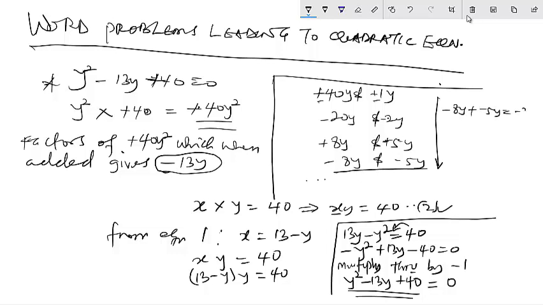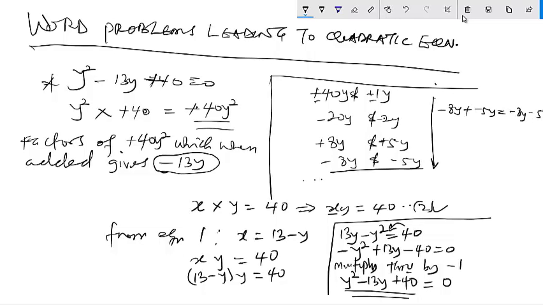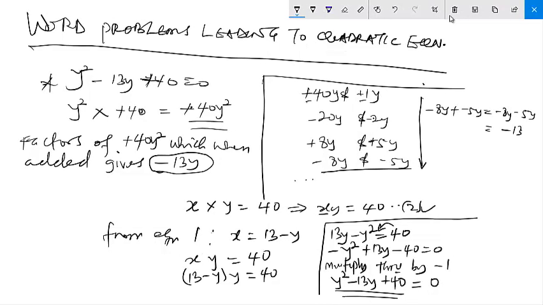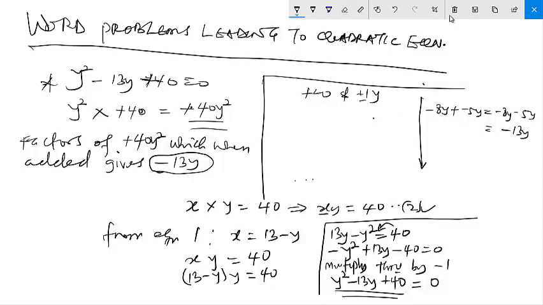This becomes minus 8y minus 5y, and that is the one that gives you minus 13y. So the next thing you do after you've gotten this is substitute those factors into the second term of your quadratic equation. So let me make more space.